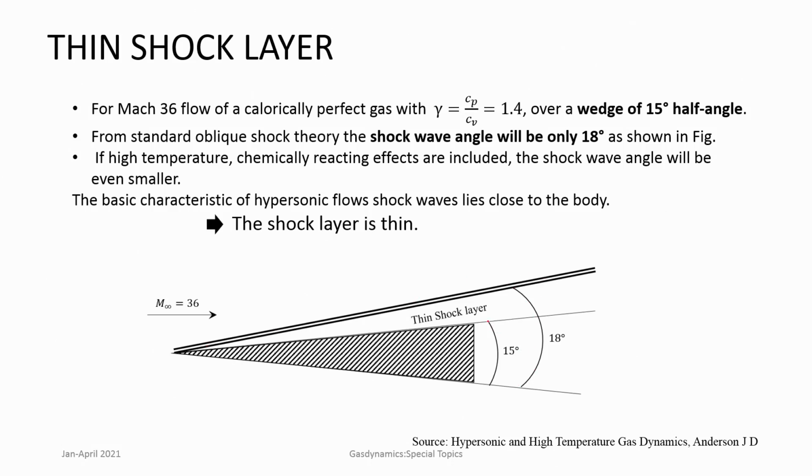Now, the angle of the wedge itself is 15 degrees and the shock wave is at 18 degrees. It is not very far away from the body. That means the shock is very close to the body, and across the shock there is a sudden jump in pressure, temperature, density and so on. Very high temperatures can be encountered in this small region between the shock and the body, and if temperatures go very high, then high temperature effects come into the picture.